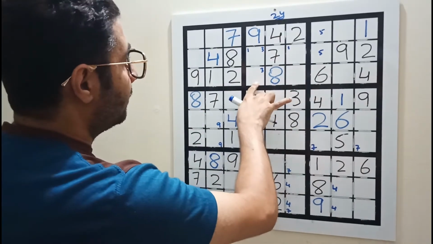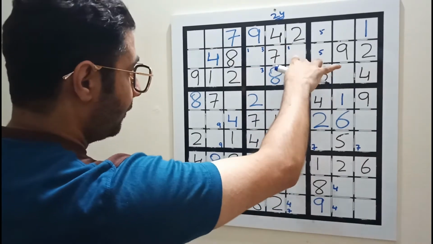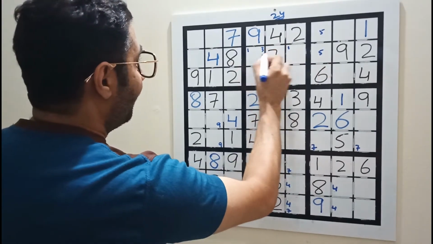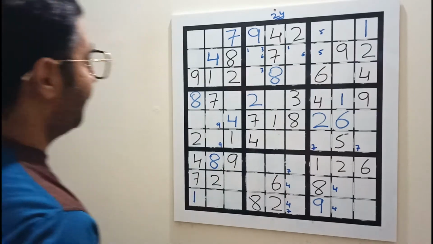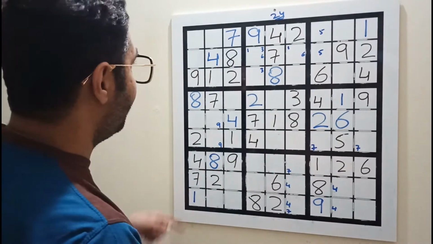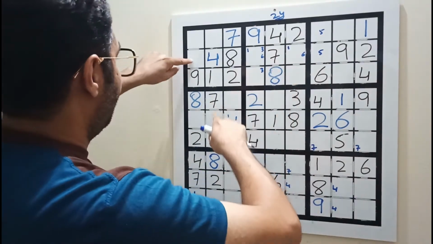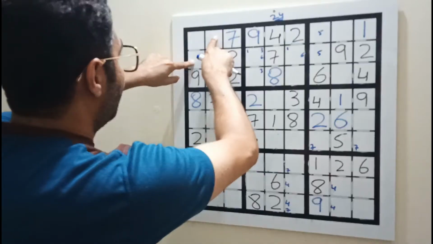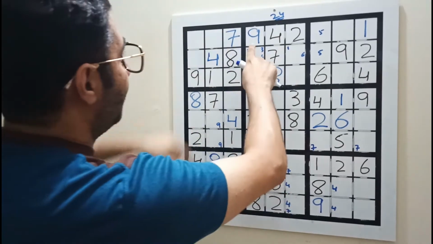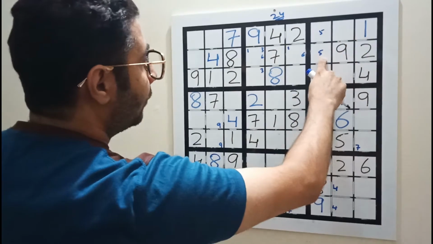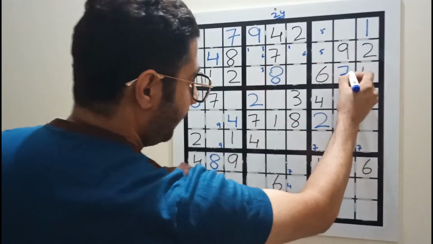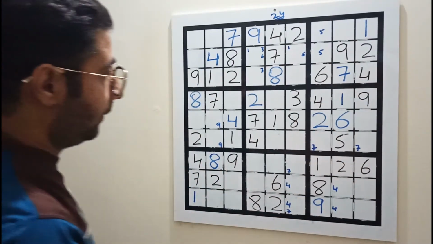Six cannot go there. Either here or here. Seven. Seven cannot go there. Now we have seven here. Seven cannot go there, not here. Only place seven can go is here.